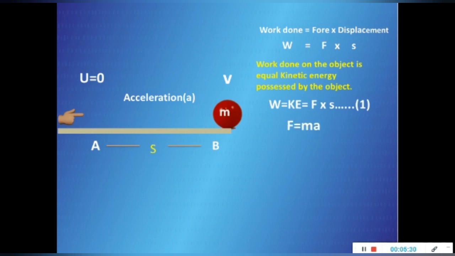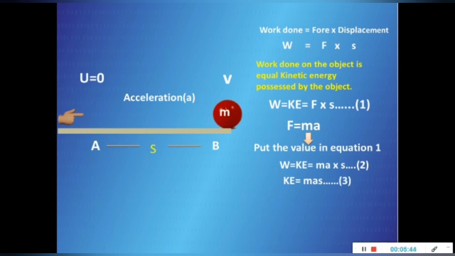F is equal to ma from the second law of motion. Put the value in equation 1. W is equal to KE is equal to ma into S. Let it be equation 2. KE is equal to maS. Let it be equation 3. From the third law of motion, v square minus u square is equal to 2aS. If I have to find the value of S, then the formula will be S is equal to v square minus u square divided by 2a.